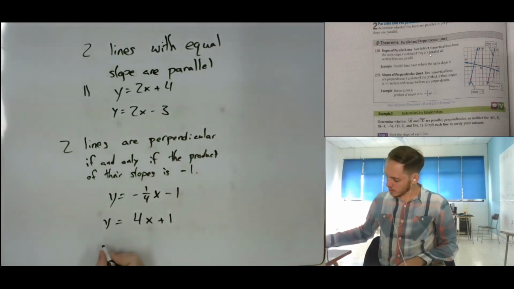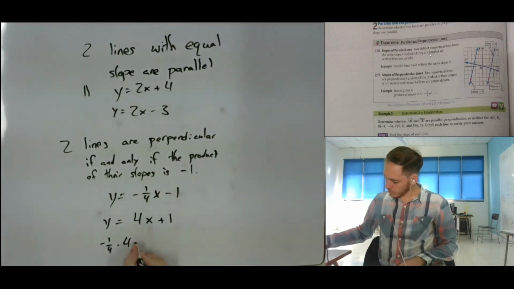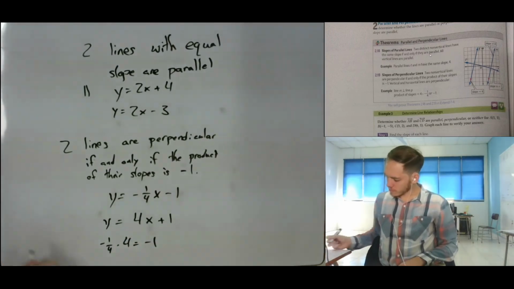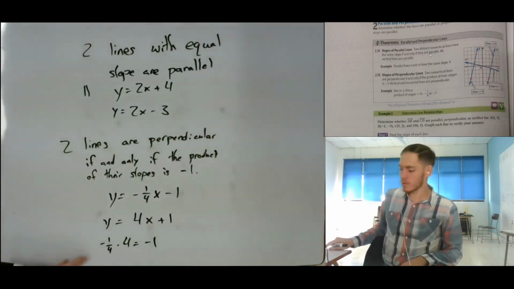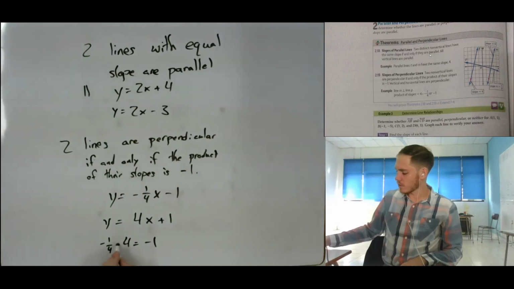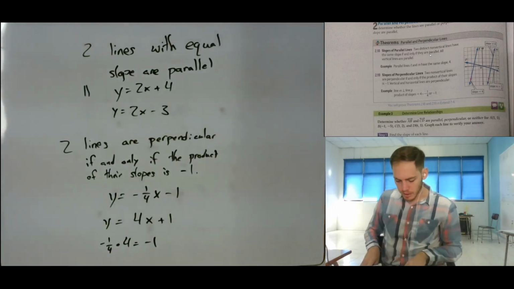Okay, if you take their slopes, negative 1/4 times 4, you get negative 1. Okay, so they are perpendicular if their slopes multiply to equal negative 1. There are other ways we can look at it, but that is a simple one.